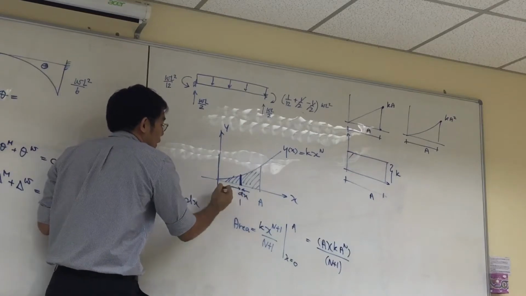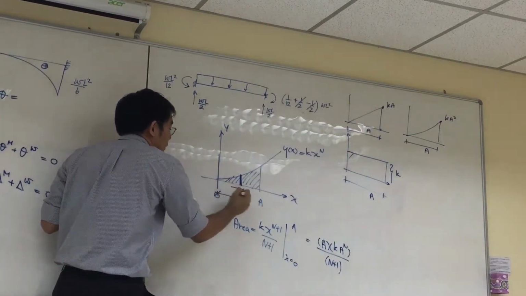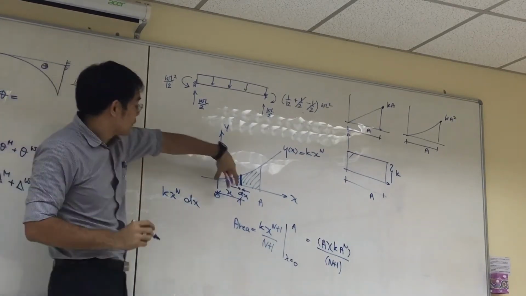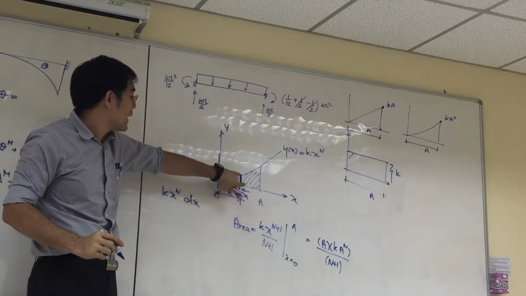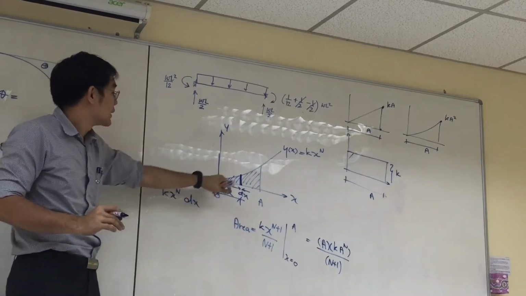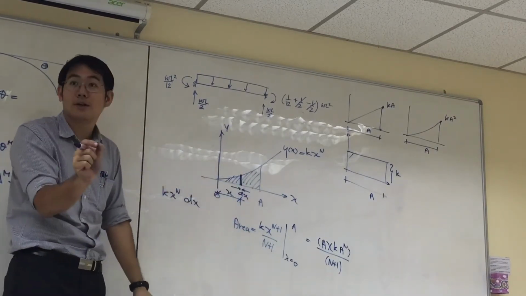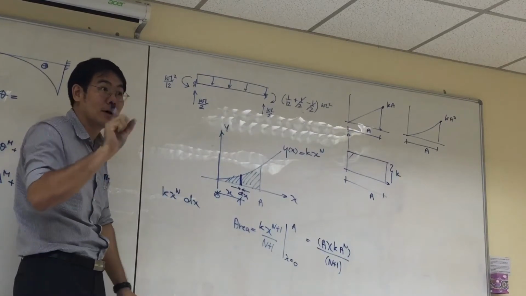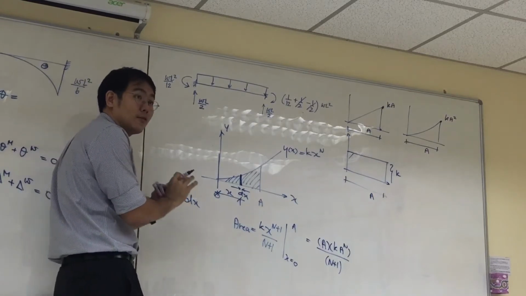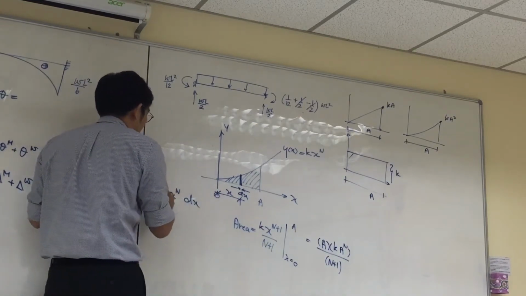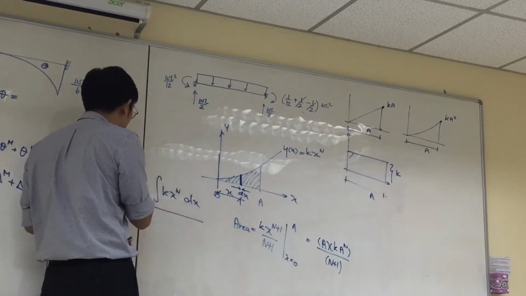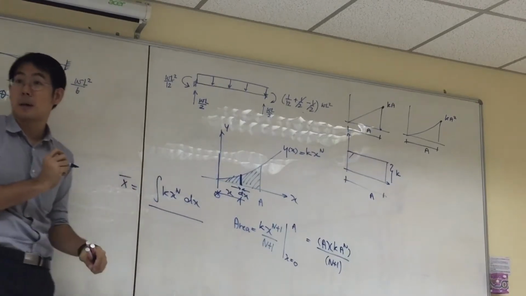Then if you take the centroid referred to this line, here is your x, so moment arm multiplied by the area kx to the n multiplied by dx. This is the moment contributed by this infinitesimal piece of your area. You have the moment of the area already. Divide by your area and you get the centroid, the x bar.